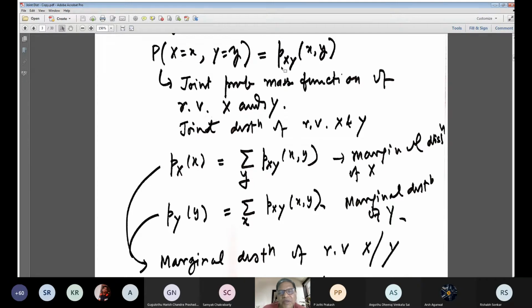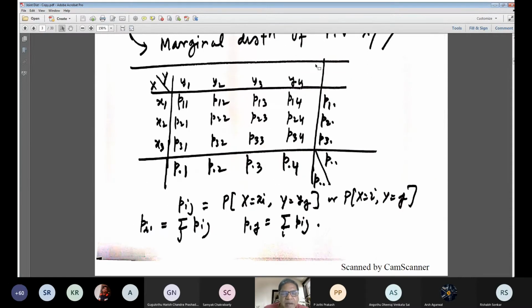So if we change, say, to W and Z, then it will be W and Z here, and the corresponding values could be anything. It is the usual practice that the joint distribution is expressed in the form of a bivariate table.